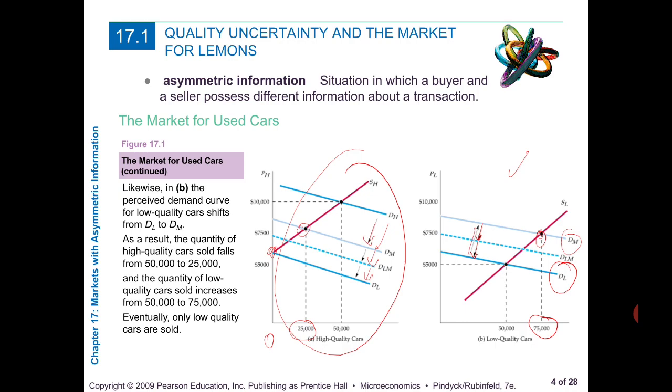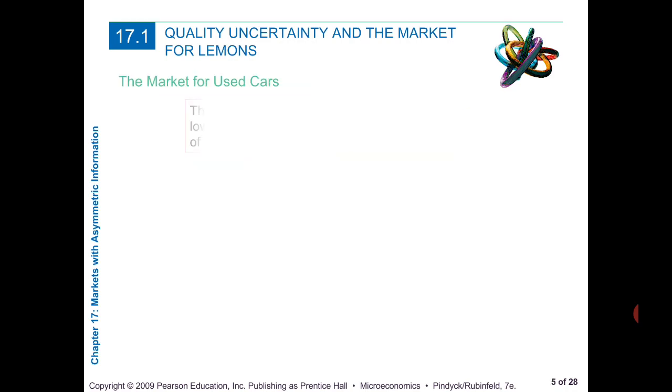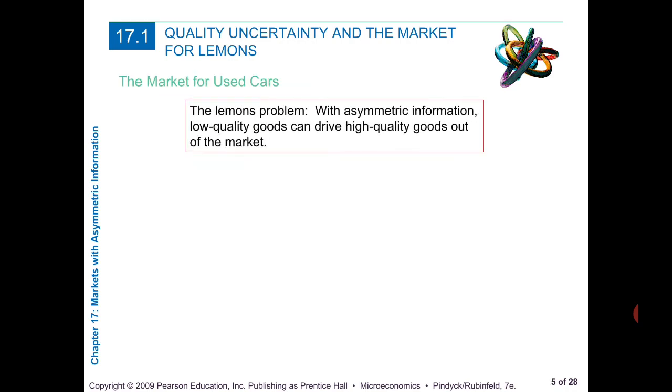So this is what we call the lemons issue, because you don't know which one is a lemon, so you think every car is a lemon. The conclusion is that with asymmetric information, because you cannot differentiate high quality and low quality goods, it will eventually drive high quality goods out of the market.